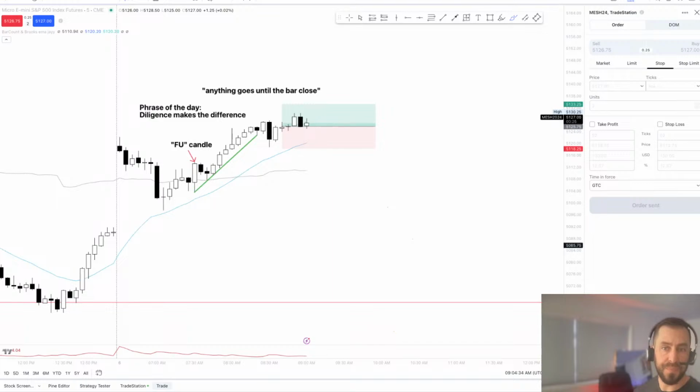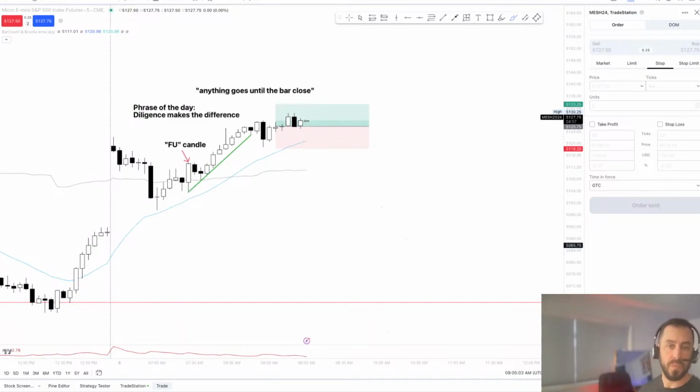One of the things I like to do when the market's slow, one of the things I like to do is review my trades.